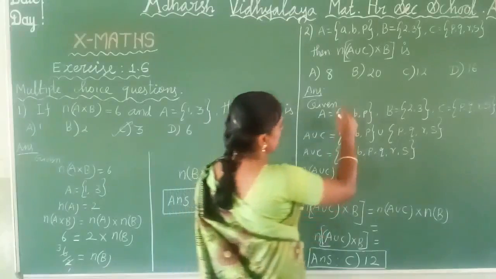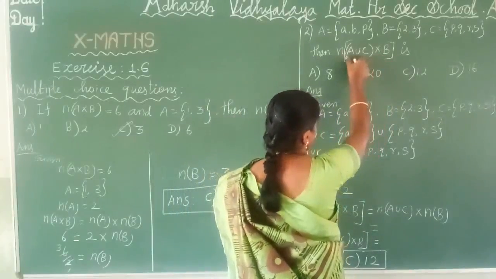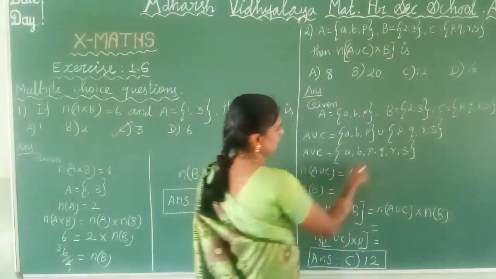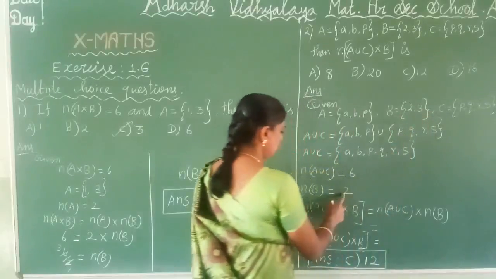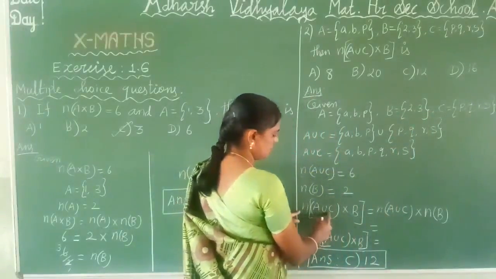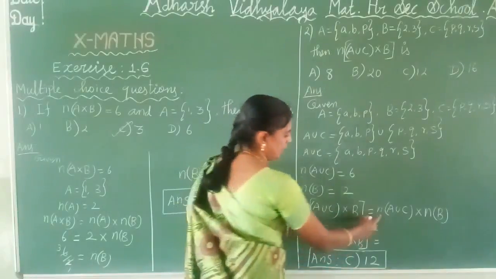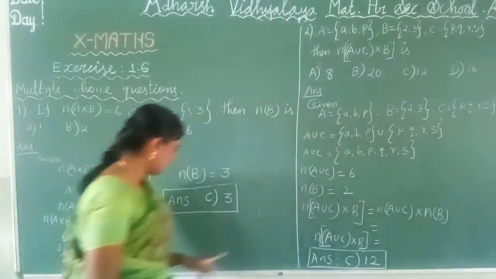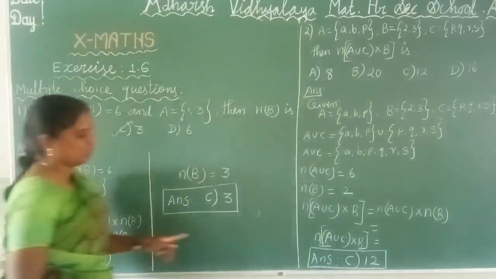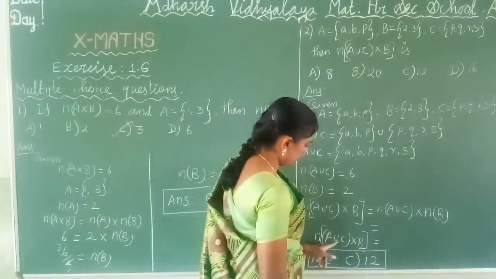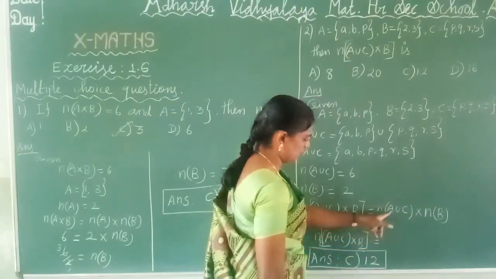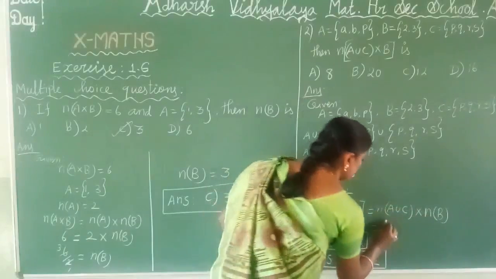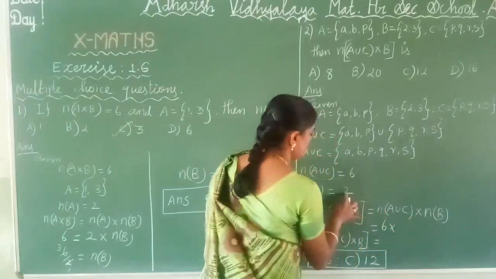Next is n(B). We need n(A union C) and n(B). Here in B, how many elements? 1, 2. So 2. n((A union C) cross B) can be written as n(A union C) into n(B), the same format. n(A union C) answer is 6 into n(B) answer 2.